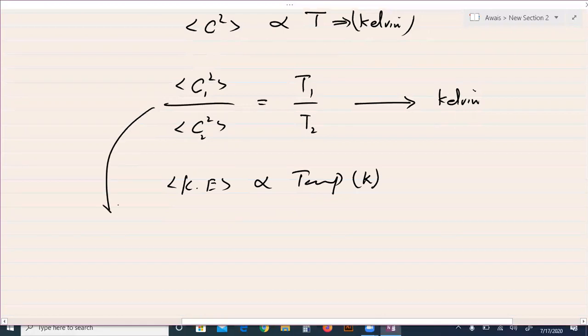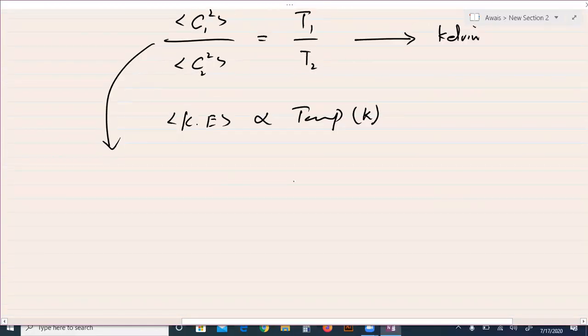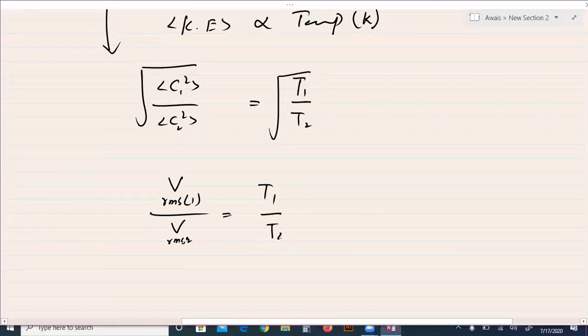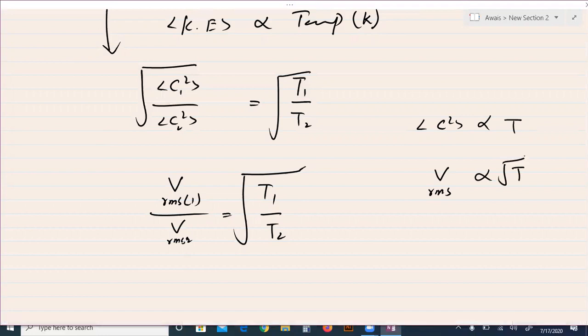If we take the square root of both sides, then RMS speed 1 divided by RMS speed 2 is equal to the square root of T1 over T2. So mean square speed is directly proportional to temperature, but RMS speed is directly proportional to the square root of temperature.